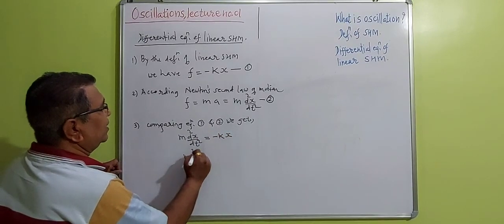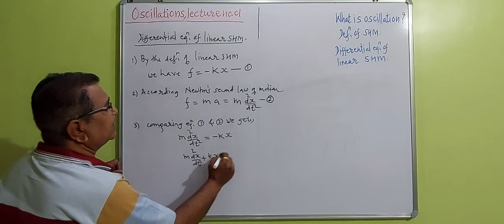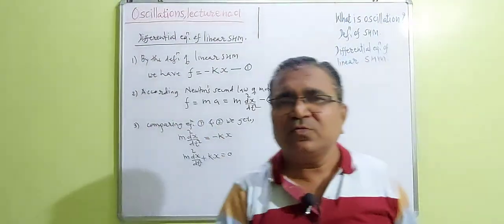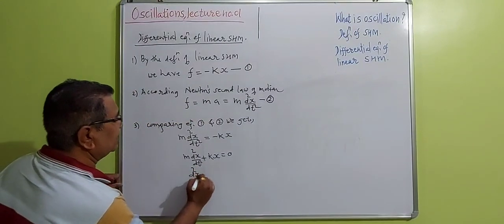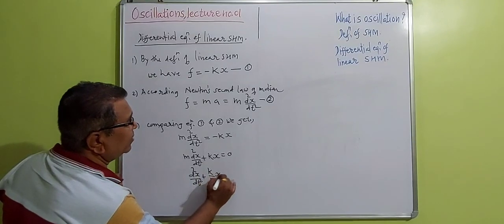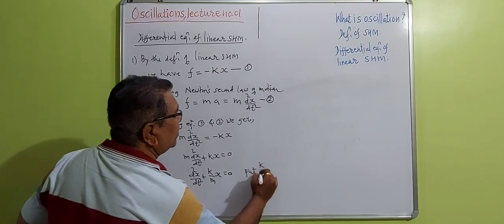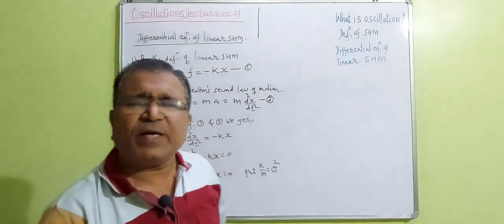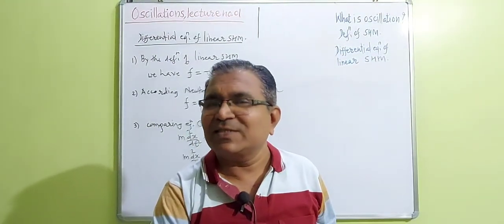So here m d2x by dt square plus kx is equal to 0. Then divide throughout by m, we'll get d2x upon dt square plus k by m into x is equal to 0. Put k by m is equal to omega square, where omega is angular velocity.